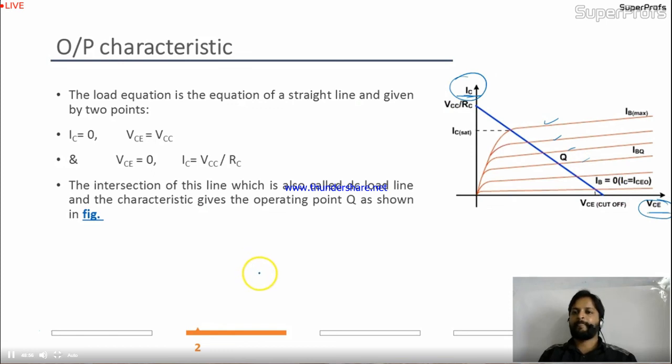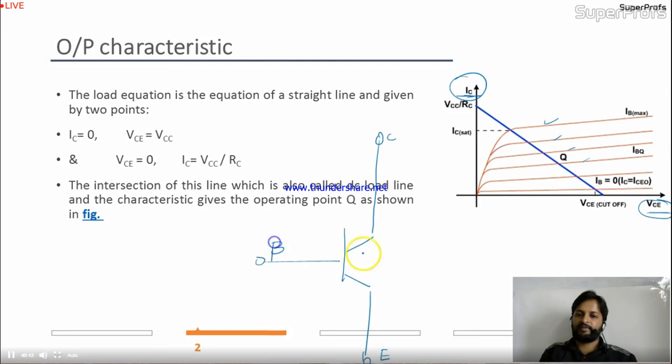Is it okay? Now tell me one thing. When VCE is 0, in the diagram, if you remember, this is collector, this is emitter, and this is base. VCE is 0 means short circuited. In this case, we were getting maximum current, that is IC saturation. So VCE is 0 over here, and here we are getting the saturation region.